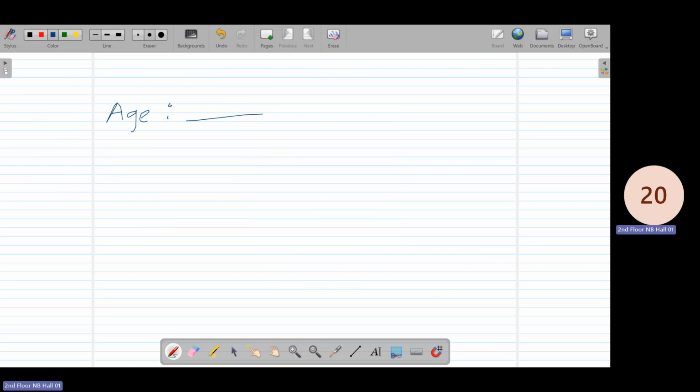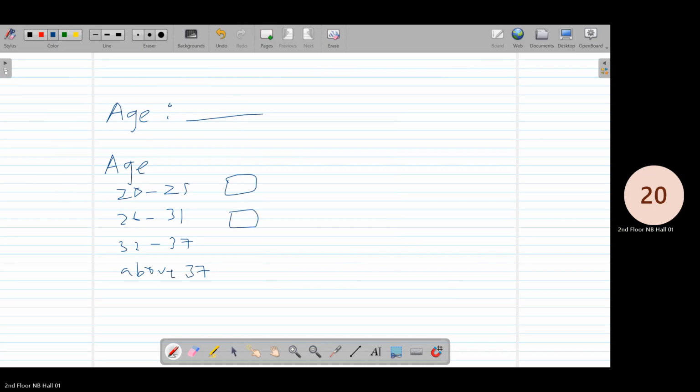Okay? Otherwise, we can ask the same question in a different way. Here we need to get the age, but here we suggest categories, groups. Then we can say 20 to 25, 26 to 31, 32 to 37, then above 36. Then there is a space.